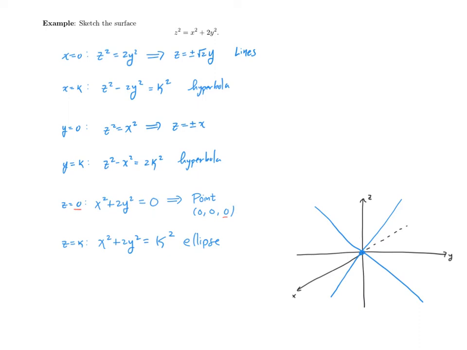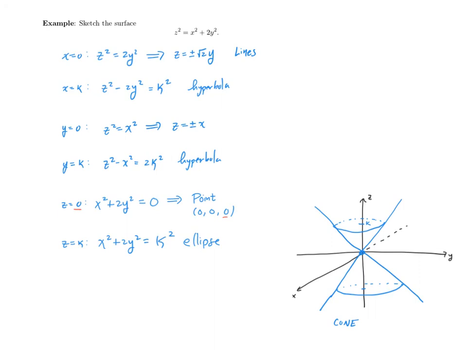So if z happened to be something positive, and I'm just going to randomly indicate a z equals k, our trace would be an ellipse. Similarly, if it was something down here which was negative, maybe minus 3, it's also an ellipse. And this is something that we would refer to as a cone. And this may be a bit different than you would expect as a cone in the sense that our Calculus 3 version is more of a double cone, opens upward and downward.